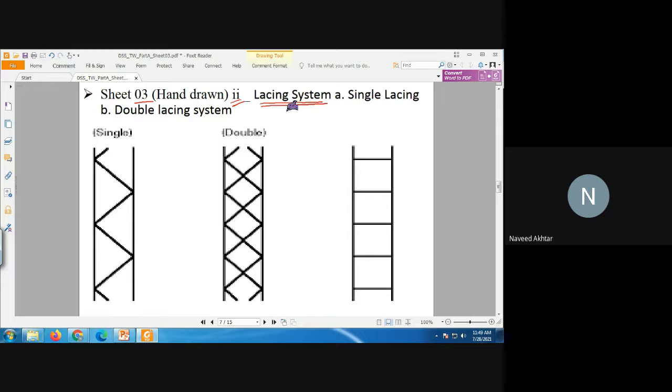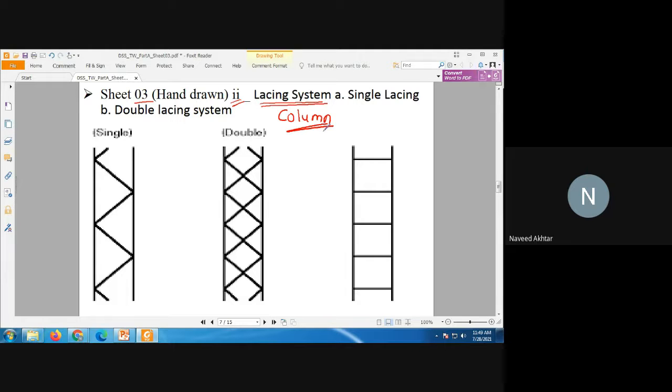We know that the column is the main member supporting the beams, bracings, slabs, joists, girders, gantry girders. All the loads are transferred through the column to the foundation.